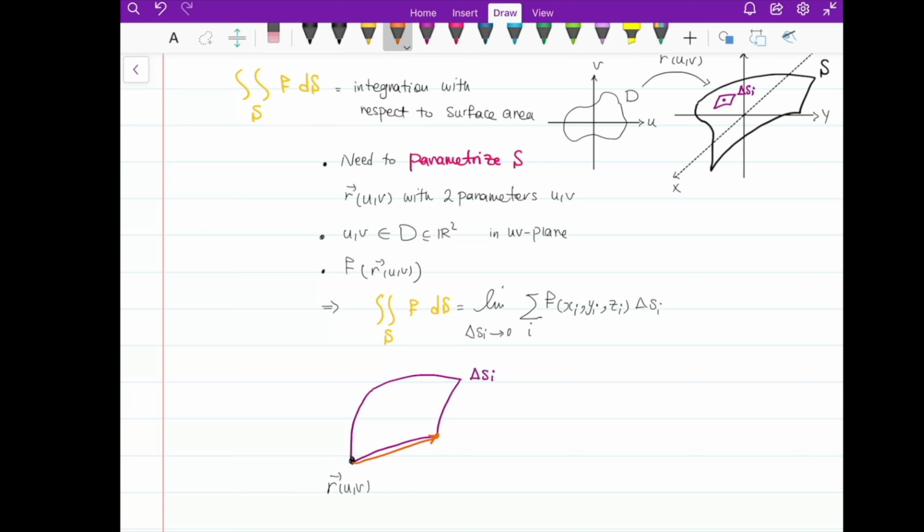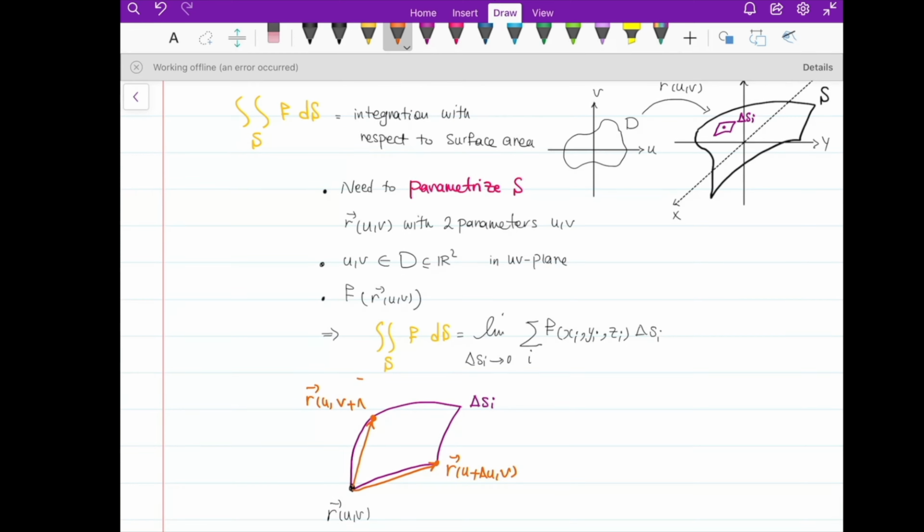Let me graph it better. So we have r of u, so we just change u a little bit, delta u, and v is fixed. And if we go to this point in here, I have this vector, and on this point we just fix u and then change v a little bit, delta v.